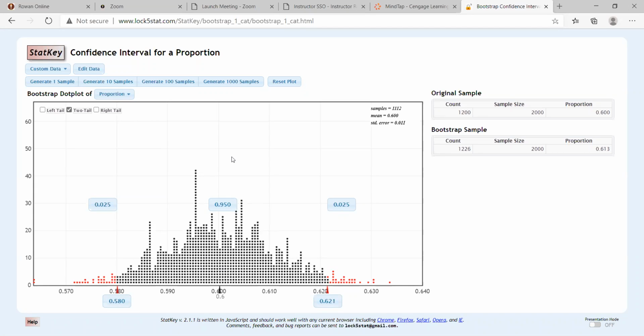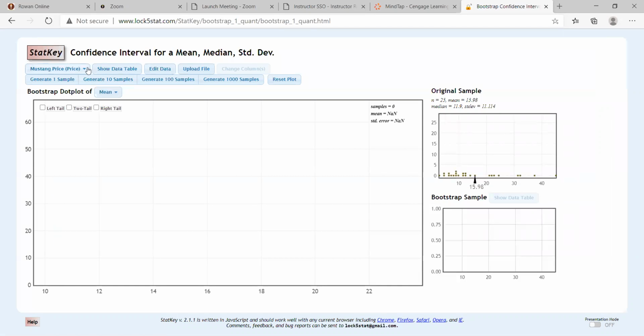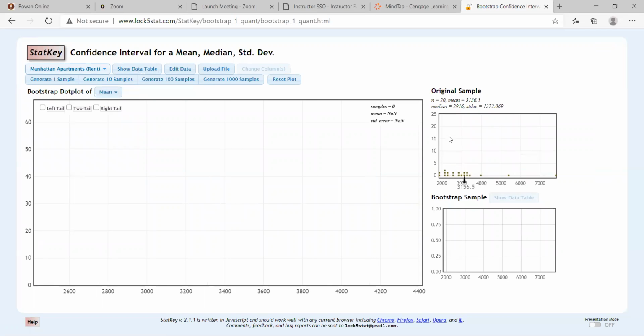All right, and we could do the same thing. Let's just go back to the original StatKey. We could do the same thing for finding a confidence interval for a mean. We could take any of these, let's say Manhattan apartments here. Here's an original sample that has 20 apartment values.